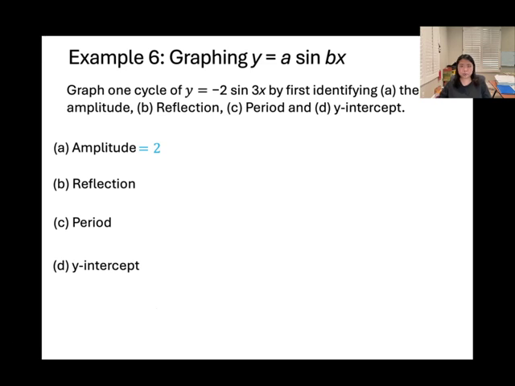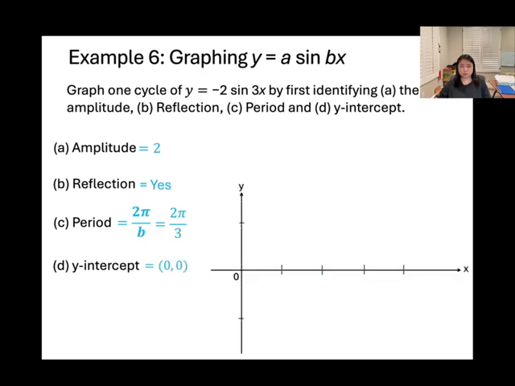Reflection, yes, right? Because that's a negative. Period, 2 pi over b, and your b equal to 3. Y-intercept. Since this is a sine curve, that'll be 0, 0. Okay, right? Now, we're starting from the amplitude. This is a 2, right? So 2 and negative 2.